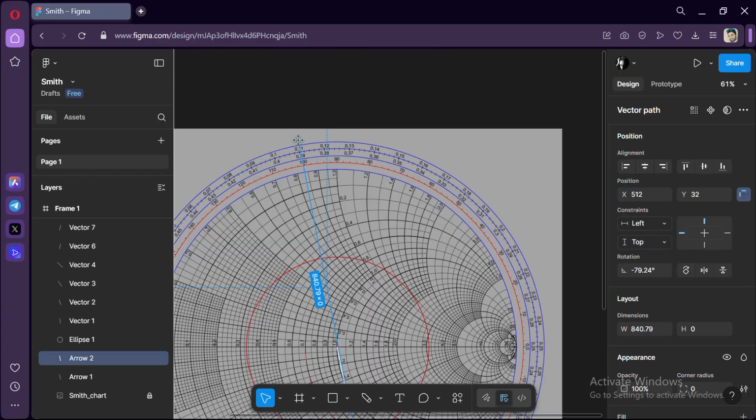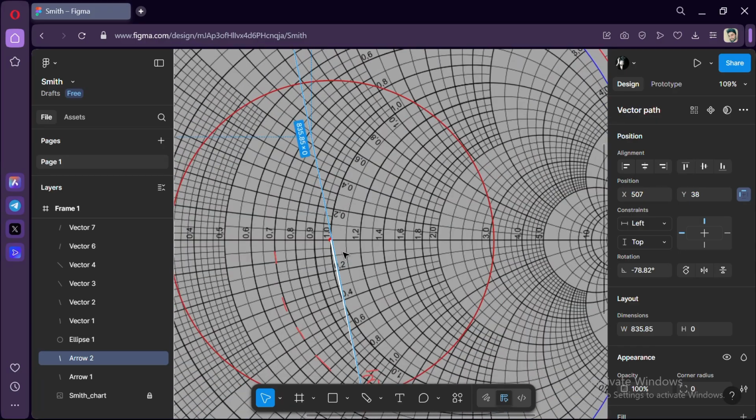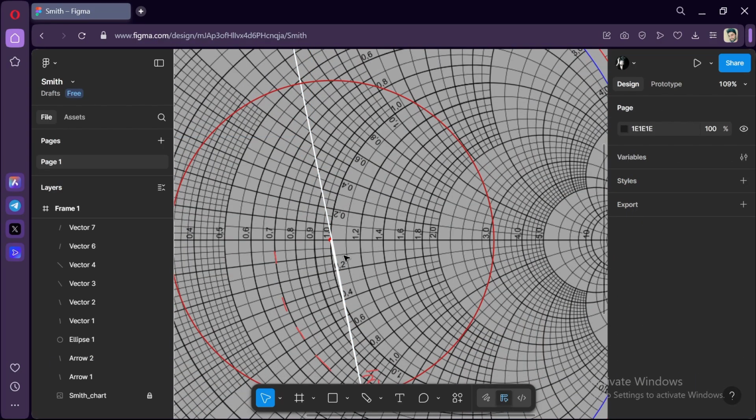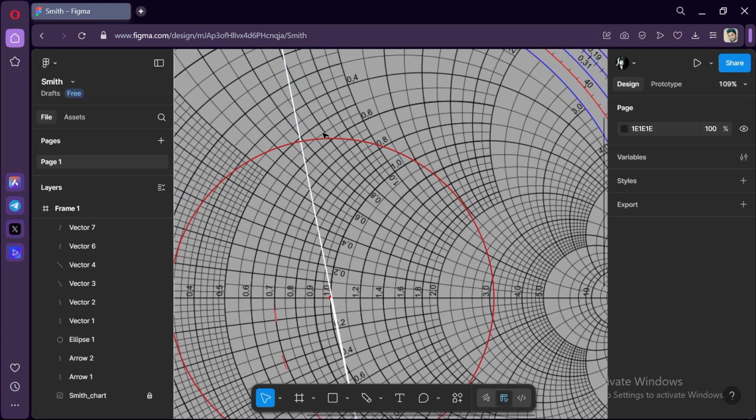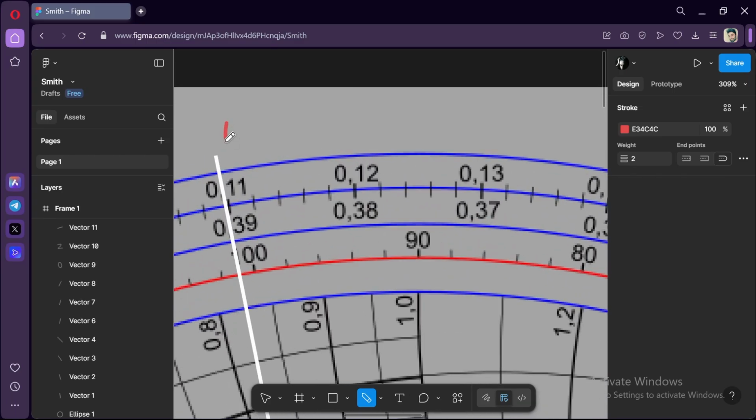We need the lambda value, so it's better to go all the way up until you reach the lambda values. And this is our left, right. We don't need this point much, but it's better to write. This is our normalized admittance point, here, the intersection. And we need these lambda values more, 0.11.